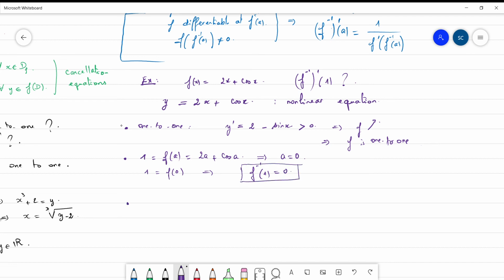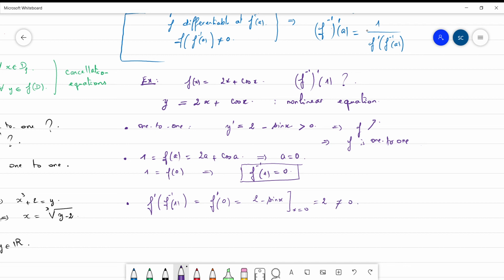Second thing, we need to compute the derivative, f prime at f minus 1 at 1. We need to check that it is different from 0 so that we can apply this formula. So it is the derivative at 0. The derivative is 2 minus sine x, and taking x at 0 gives 2, which is different from 0.